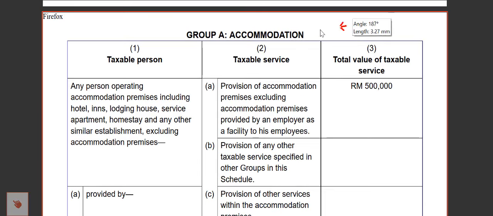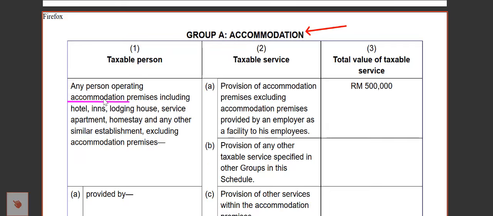So group A is for those people like hotels. They say if you're providing accommodation, you become a taxable person if you operate accommodation, whether it's a hotel, a lodging house, an apartment or a homestay.